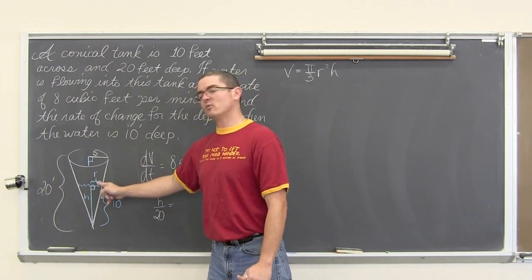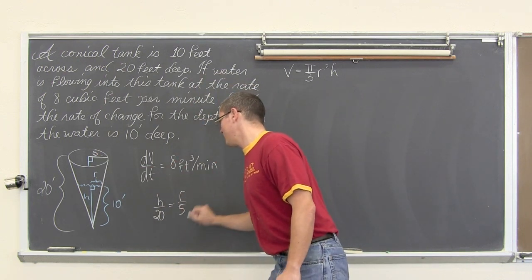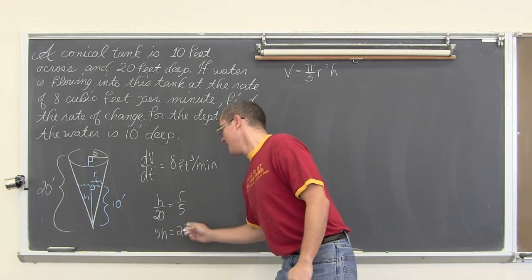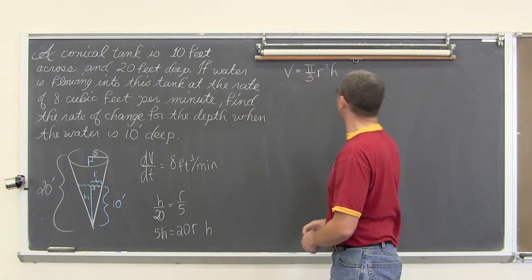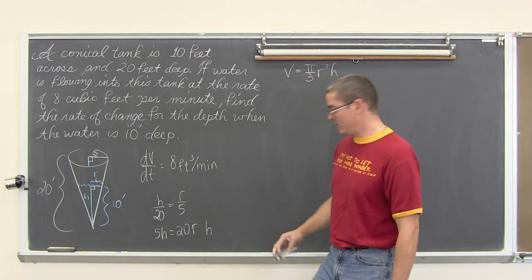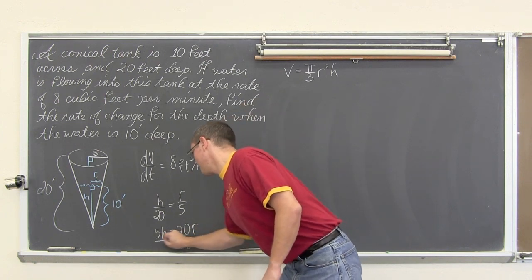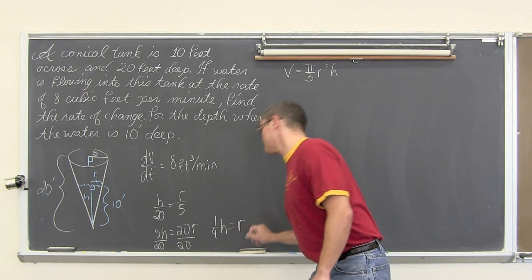We have a variable radius measurement over 5, so r over 5. We cross multiply and get 5h equals 20r. Except I don't want to get rid of h, I want to get rid of r, so let's try that again. We divide both sides by 20, and we get 1/4 h equals r.